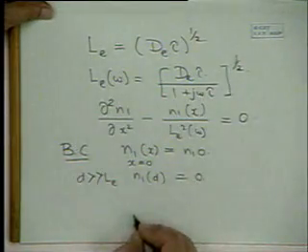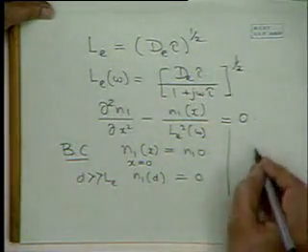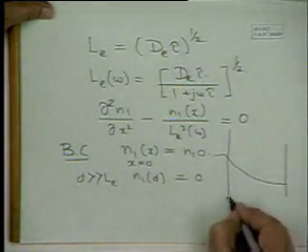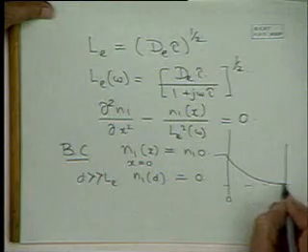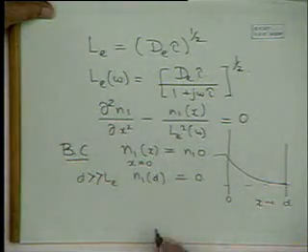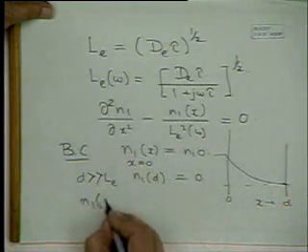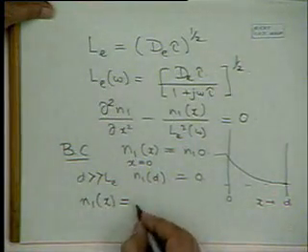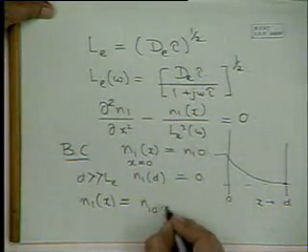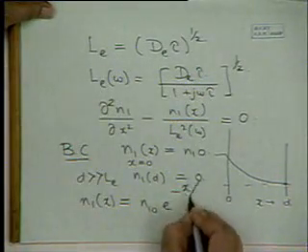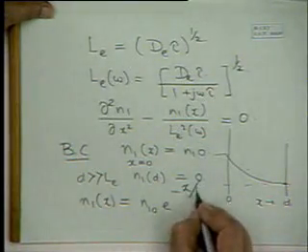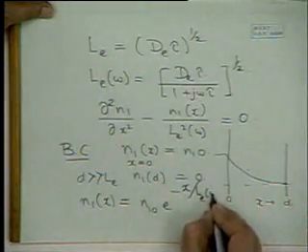So the carriers are injected and they decay much before they reach the boundary. So we can say that n1(x), this is obvious, they are decaying, so this is just given by n1(0) e to the power minus x by L_E(omega). This profile is exponential.